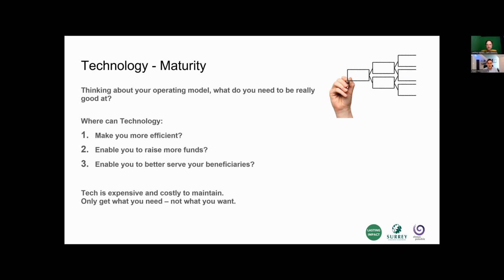If you think of an organization that has high technology maturity, you might think of an organization like Amazon. Literally, the entire model of Amazon is driven by technology, from when you order something, whether it's on your mobile device or on your laptop, to how the order is processed, how the payments are taken, how it's delivered, and how customer service is delivered if you have a problem.